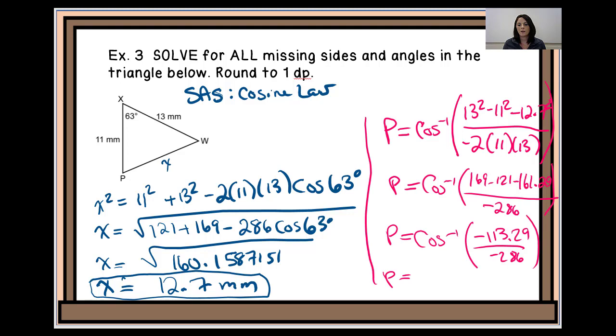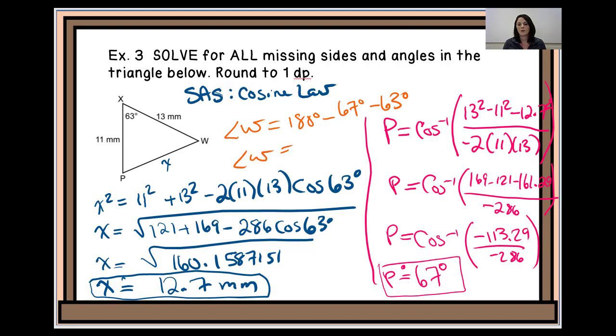Plugging that in, we get approximately 67 degrees. Then we can find angle W by taking 180 subtract 67, subtract 63. And we get angle W is equal to 50 degrees.